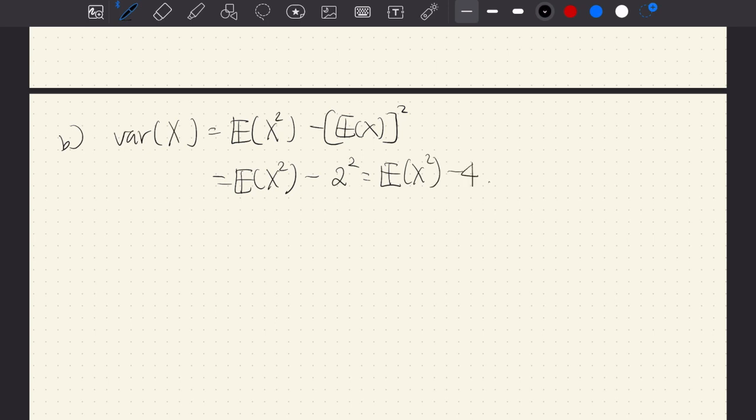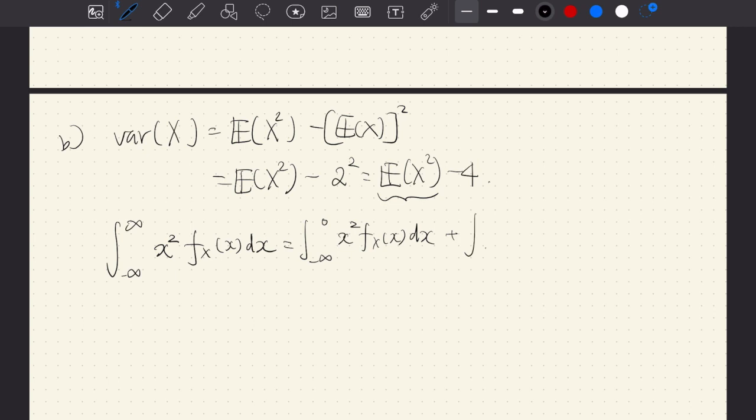Okay, so now let's try to evaluate this quantity. And we know that this quantity can be evaluated using an integral from negative infinity to positive infinity. Here you want to find the expectation value of x squared, so you have to multiply x squared by the small strip of probability. Okay, and by the same virtue you can write this from negative infinity to 0 and from 0 to infinity.